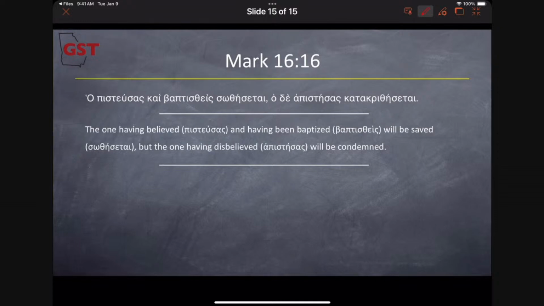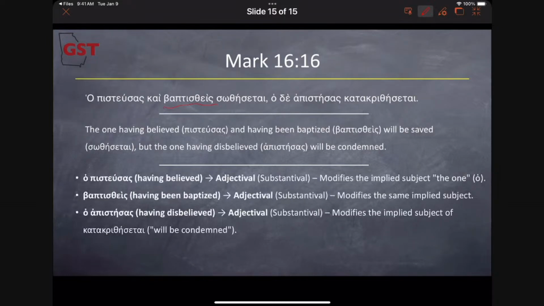Pisteusas has an article. It functions adjectivally and has the article. It is the one having believed, and there's nothing for it to modify. The one having believed, and baptistheis is also substantival, and their verb is sothesetai, the one who will be saved.